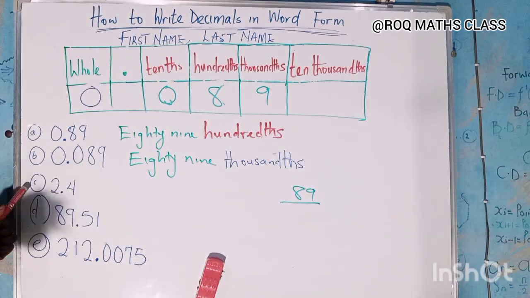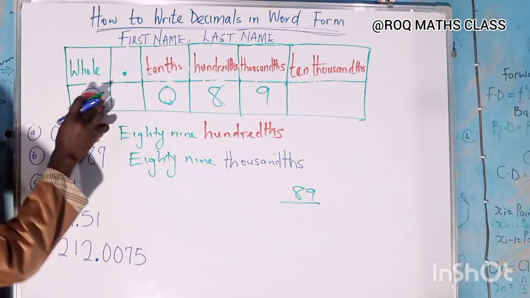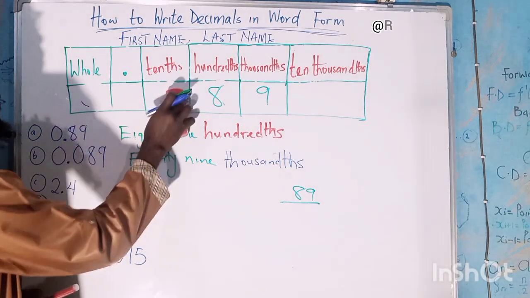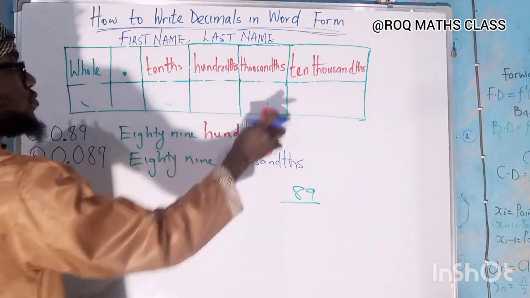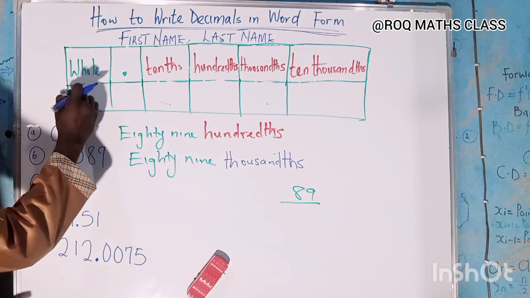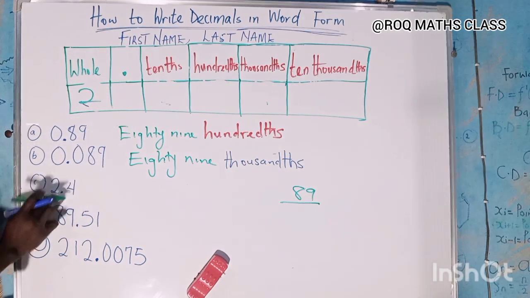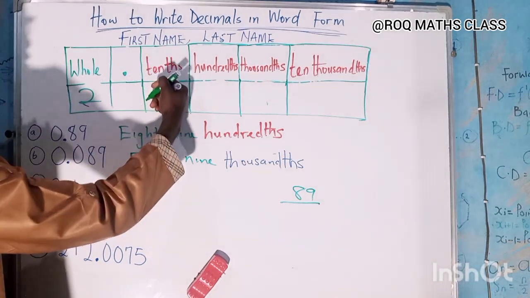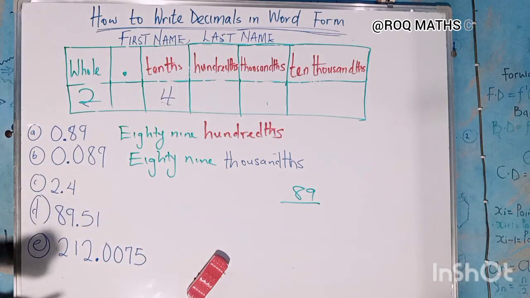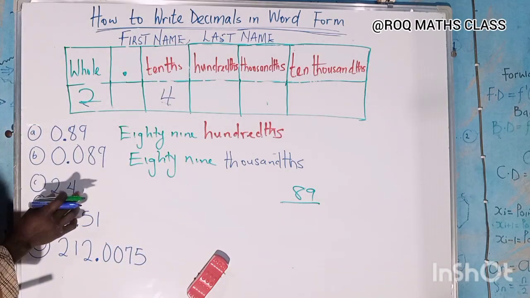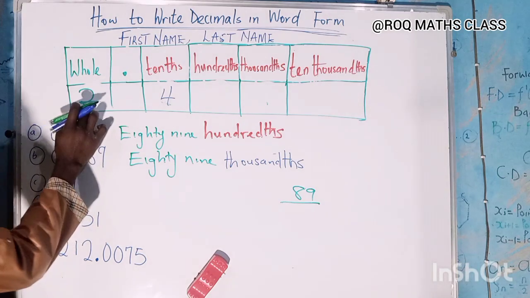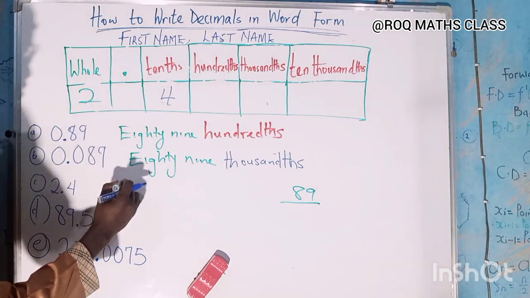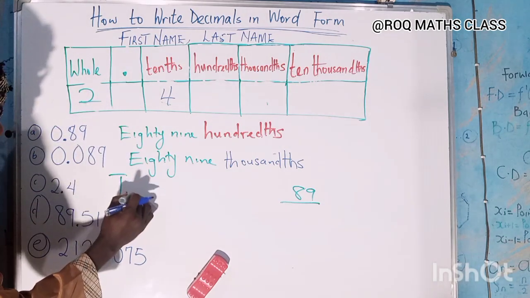Good. For my C, I have 2.4. My whole part is 2, point, and the decimal part is 4. Now, we have to learn how to write this. I'm going to write my whole part. What is our whole part? It's 2. I'll write it in word: 2.